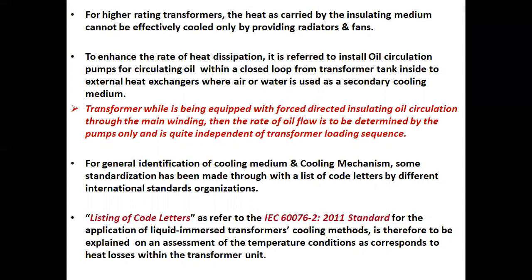When a transformer is equipped with forced directed insulating oil circulation through the main winding, the rate of oil flow is determined by the pumps only and is quite independent of transformer loading sequence.